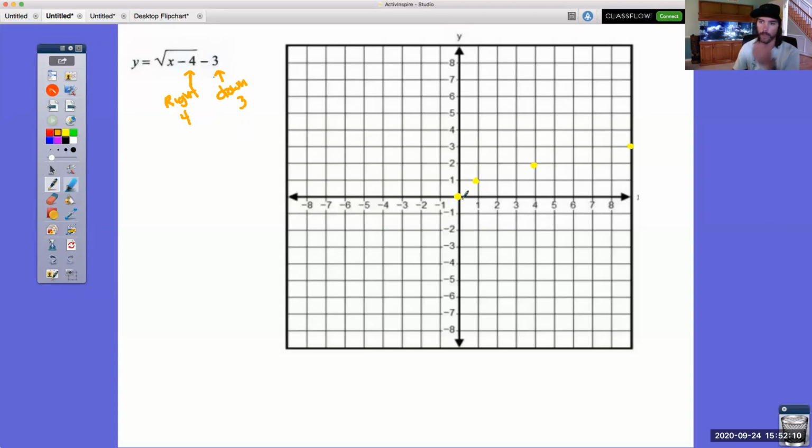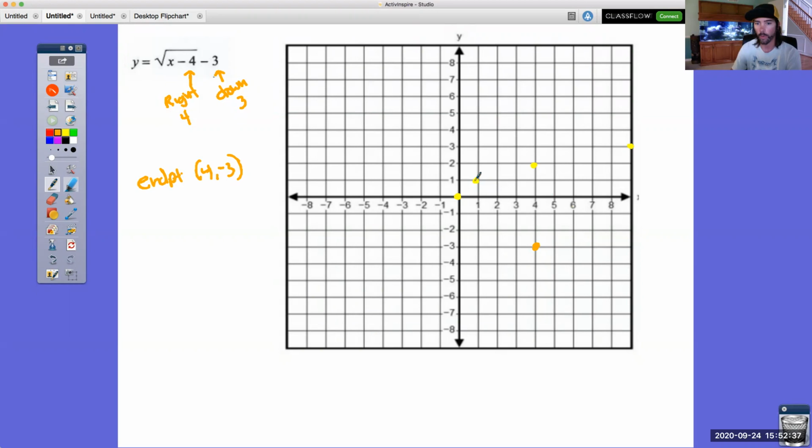Starting at the endpoint, 0, 0, right 1, 2, 3, 4, down 1, 2, 3. If you want to write that property down, you can. That's the new endpoint, and it is at 4, negative 3. Right 4, positive 4, down 3, negative 3, x, y.